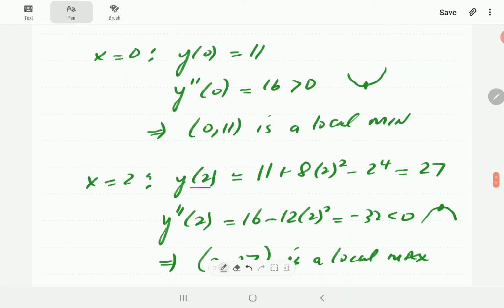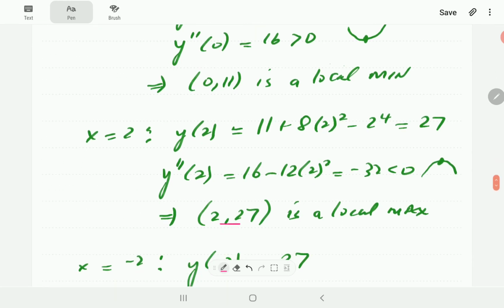Then when x is 2, y is 27. The second order derivative is negative, which implies concave down. So (2, 27) is a local maximum.